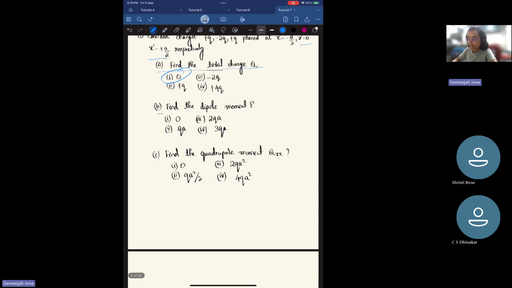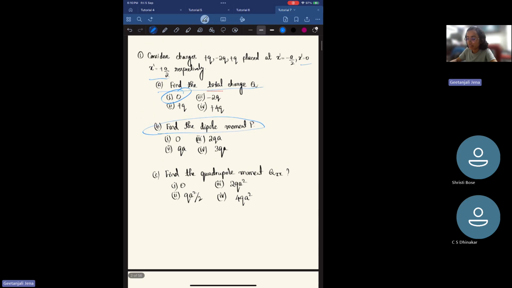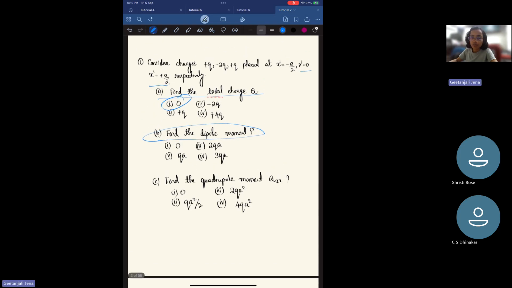For the second one, you need to calculate the dipole moment. Please solve it and let me know the answer. If you see question number 1, the monopole moment is 0. That means it doesn't matter what the origin of the system is, and you can take any origin you want. You can place Q as the origin, or minus 2Q at the origin, or the other Q as the origin. You will get the same answer for the dipole moment whenever the total charge is 0.